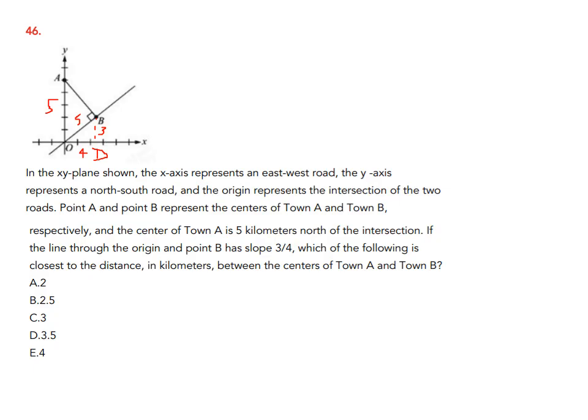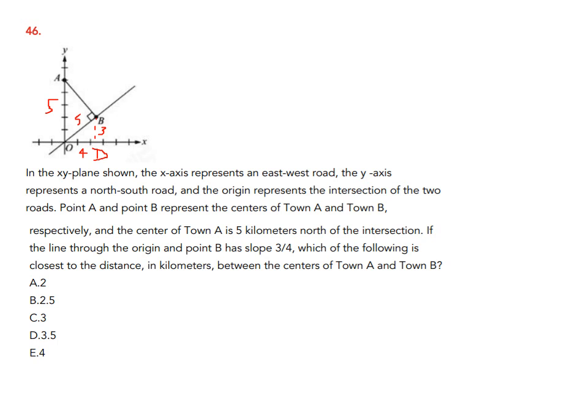So BD is the rise. We get 3 and run is OD, so it's 4. Now use the Pythagorean theorem, that is 3 square plus 4 square and then take the root of the result. We get root over 25 equal to 5. So we get OB equal to 5.